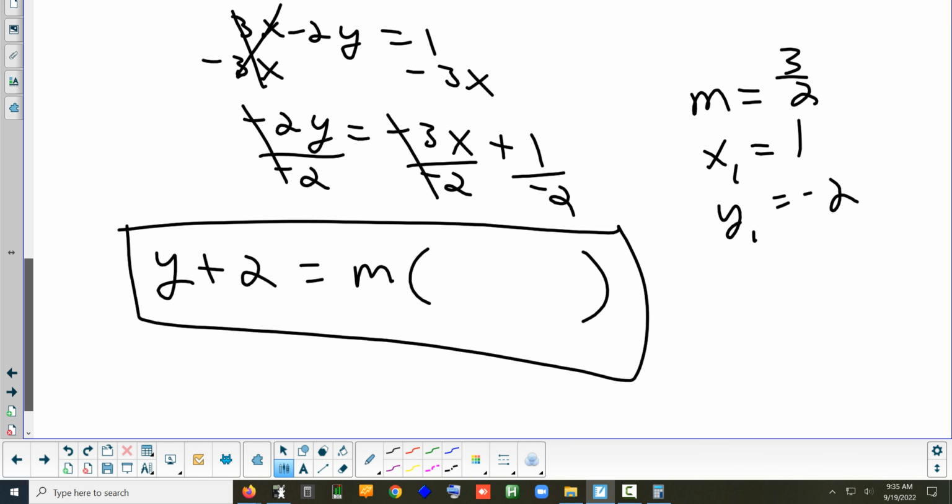So y plus 2 equals, oops, I need to fill in for m. M is 3/2 times, and what am I going to have inside the parentheses? X minus 1. And there's your answer.